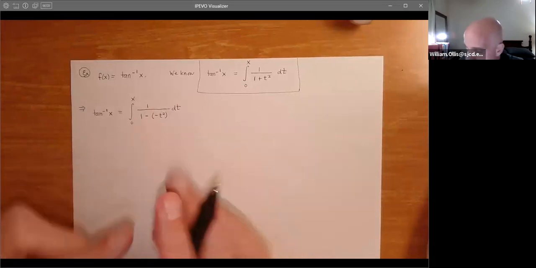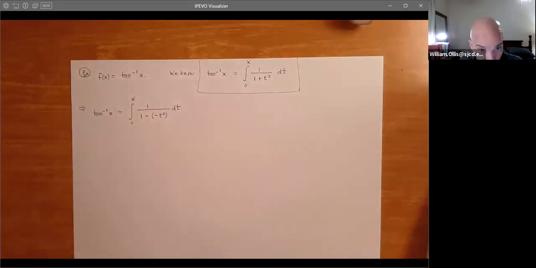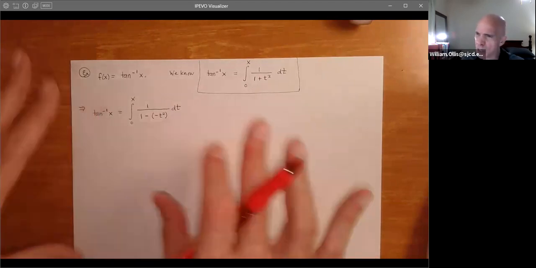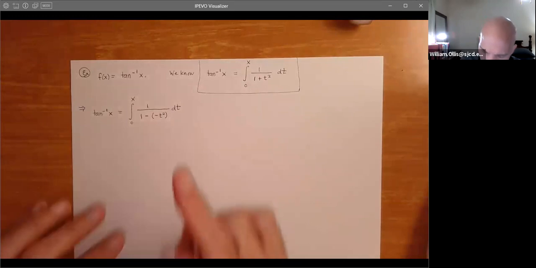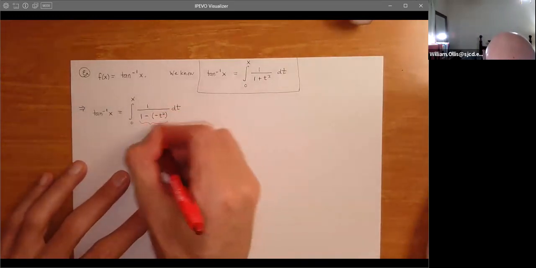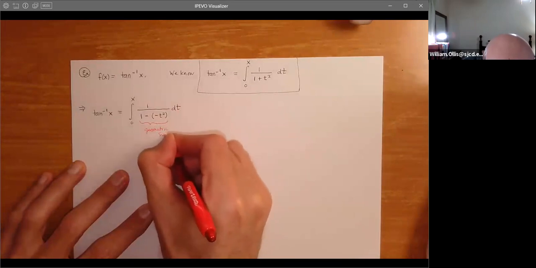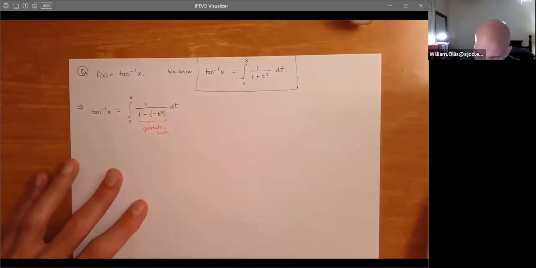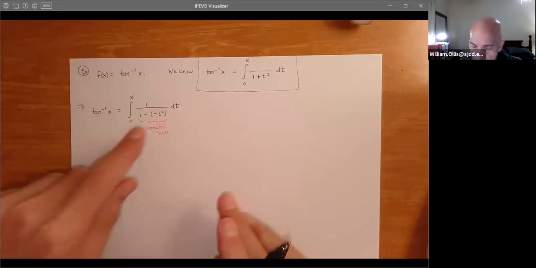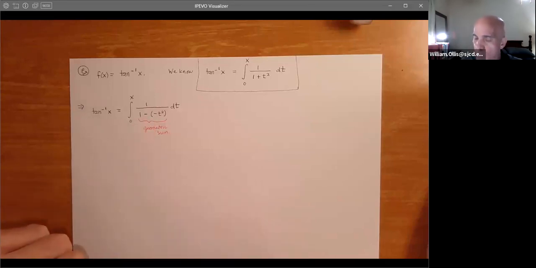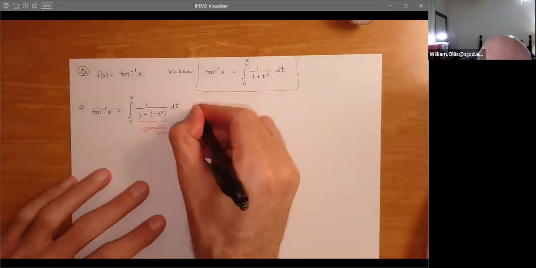Again, the manipulation part is probably the most difficult because it's the strangest thing we're doing. We're fine with integrating, we're fine with substituting, we're fine with absolute value, but this new technique is a little strange. So now this is a geometric sum. So now we can replace this particular geometric sum with the power series. Didn't have to work hard at all.